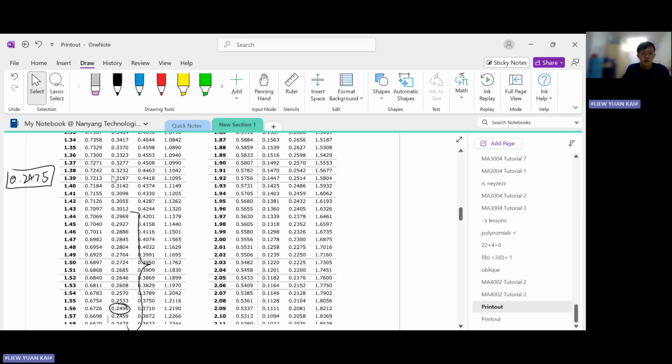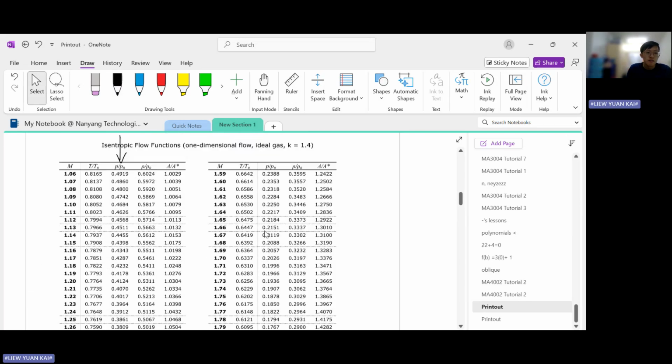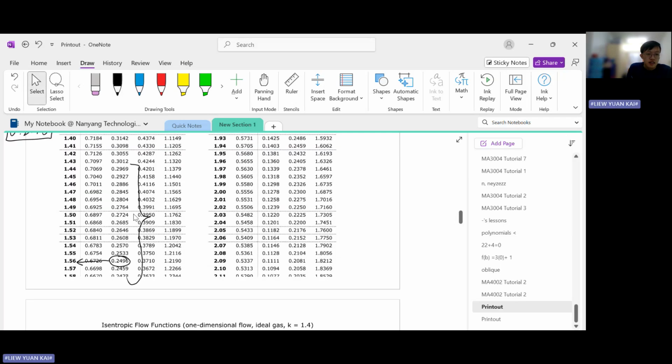So how do we find the Mach number at point 1, having identified this entry? We take a look here, because the leftmost column shows the Mach number. The corresponding Mach number to 0.2496 is 1.56.